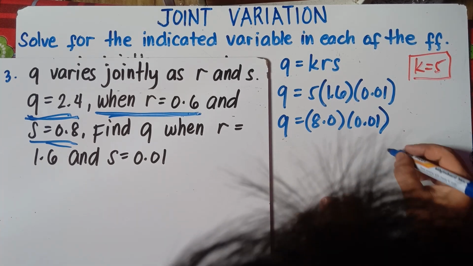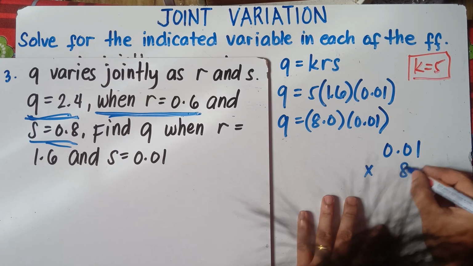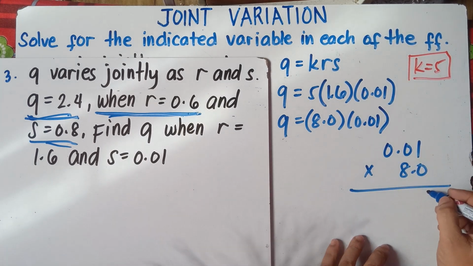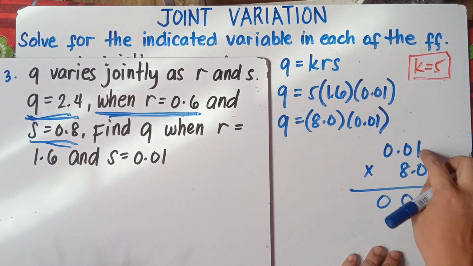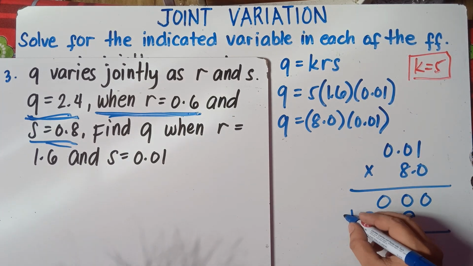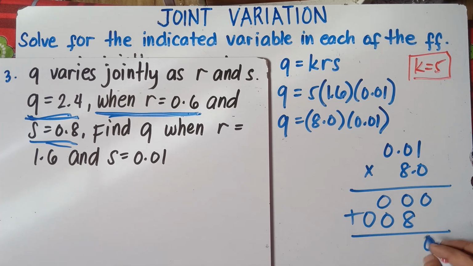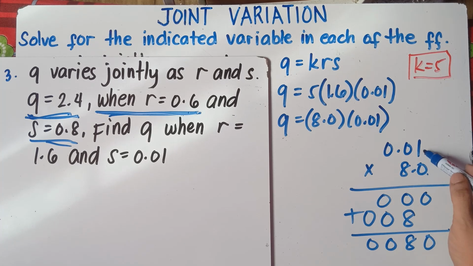Alright, so let's multiply. 0 times 1 is 0. 0 times 0 is 0. 0 times 0 is 0. 8 times 1 is 8. 8 times 0 is 0. 8 times 0 is 0. Then you add. So bring down 0. 0 plus 8 is 8. 0 plus 0 is 0. Then 0. Now you count how many decimal places. We have 1, 2, 3. So starting from this point, on the last part, you move 3 units to the left.